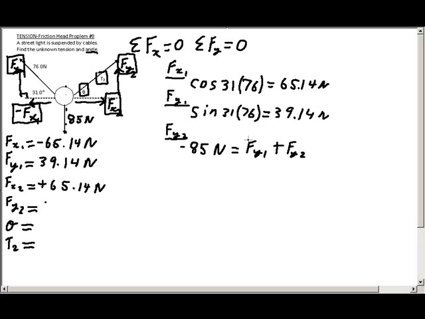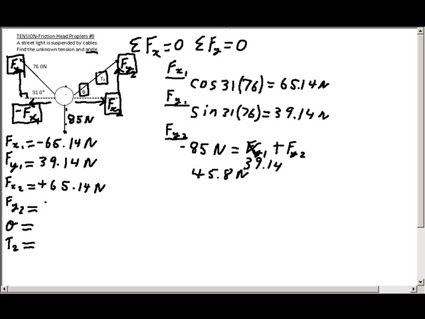So F of y1, which we solved over here, is going to be equal to 39.14. And so the result is F of y is going to have to equal, we would move that over there, so F of y2 is going to have to equal 45.8 newtons.